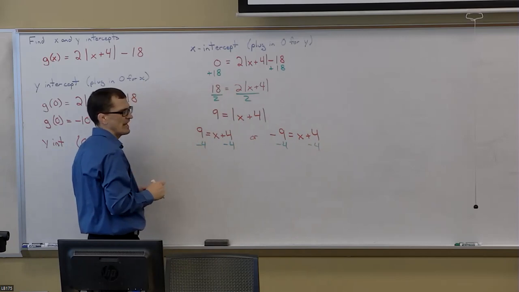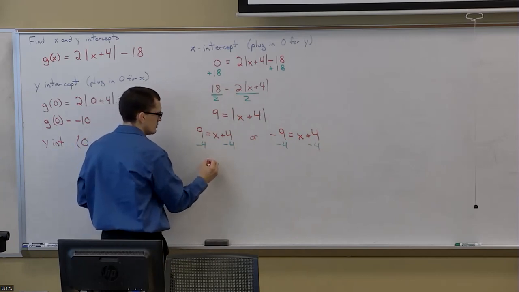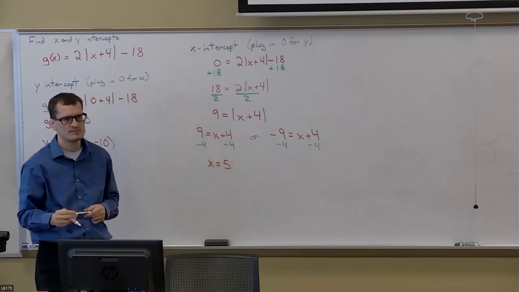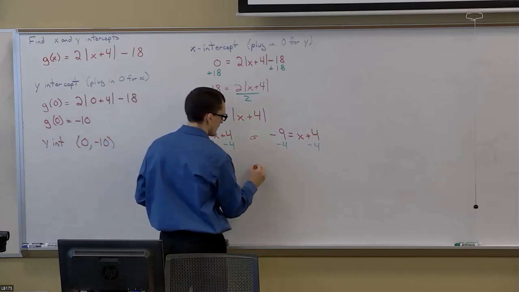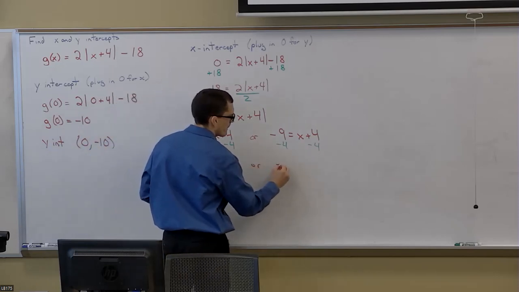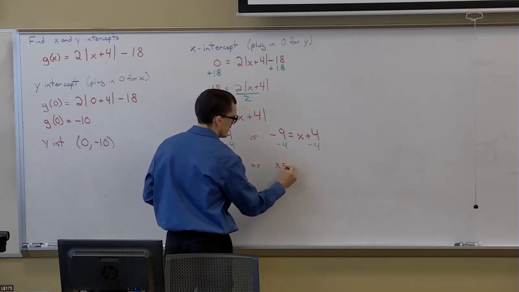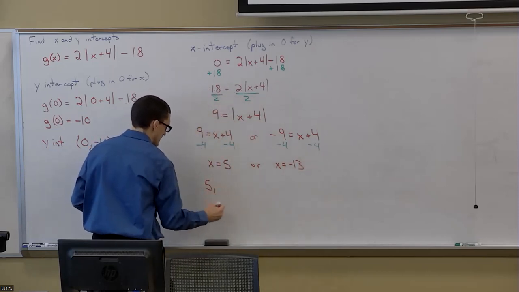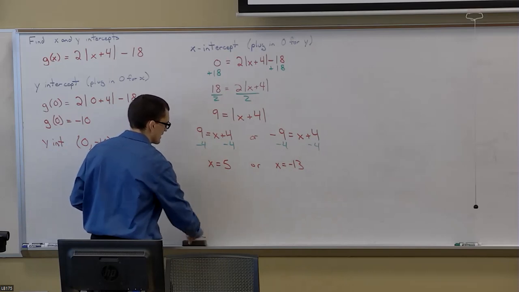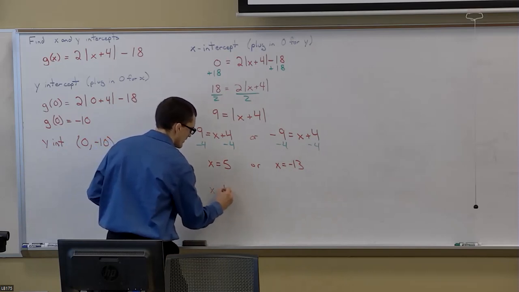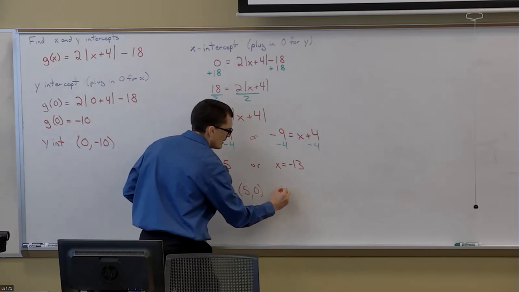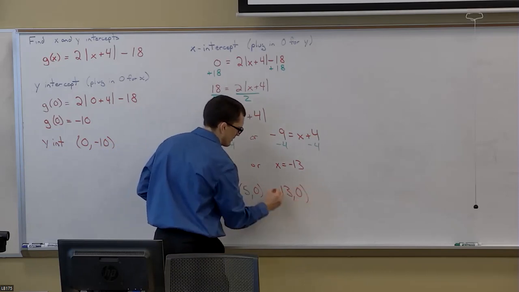Subtracting 4 from both sides of each equation gives you x is equal to 5, or x is equal to negative 13. So we get the x-intercepts. We have, again, 2 of them. One is 5, 0. The other is negative 13, 0.